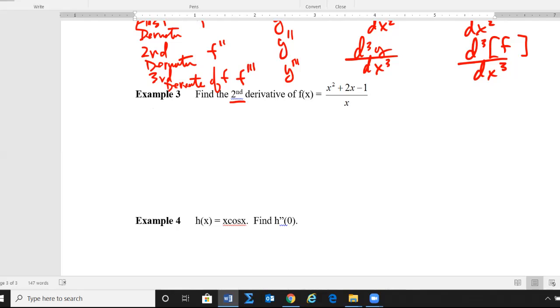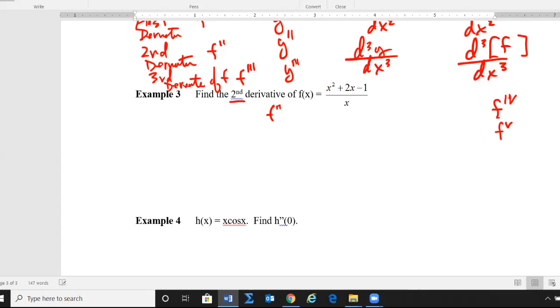Now, find the second derivative of f of x. That means second derivative is f double prime. Okay. Now, by the way, just a quick mention. If you go past triple prime, typically you don't use the primes anymore. You might use Roman numerals like that. That would be the fourth derivative.